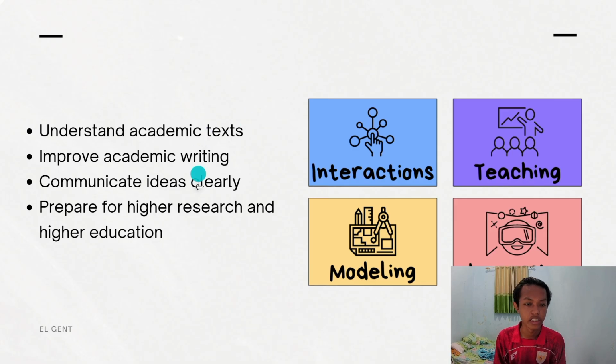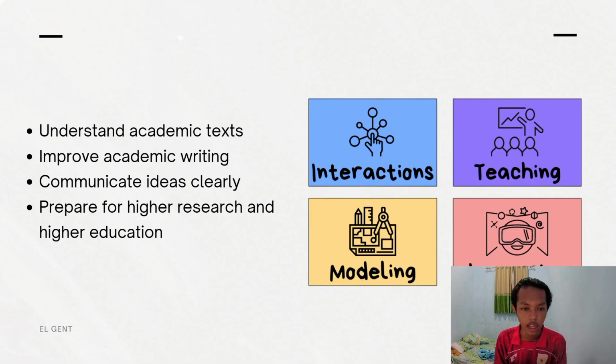The second one is improving academic writing. If students are going to write a journal article or a description, they use the formal vocabulary.